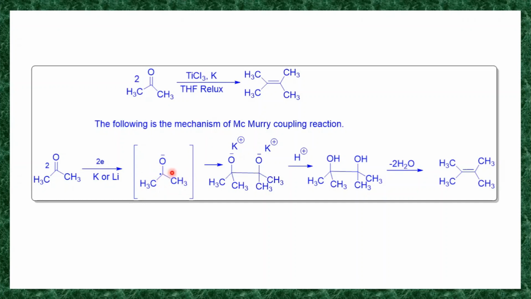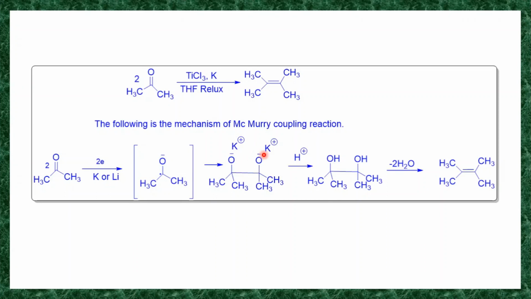Now these radical anions undergo homocoupling, the coupling of these two radical anions, and you will get this coupled product. Then this coupled product is treated with acid, H plus.